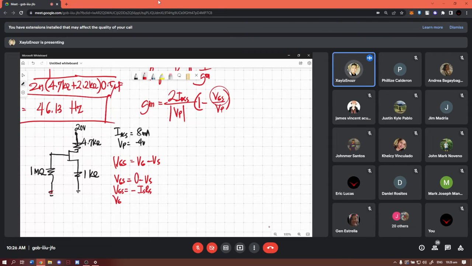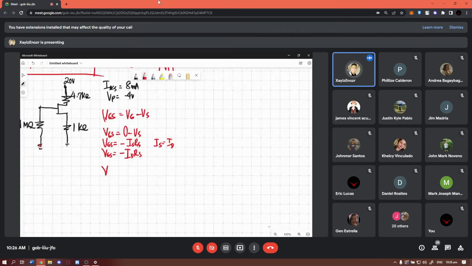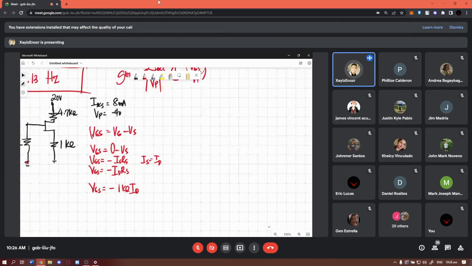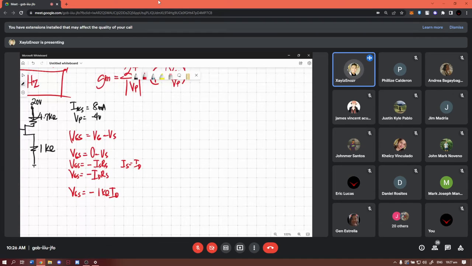And since yung IS natin is equal with ID, so we have negative ID RS. So, therefore, our VGS is negative 1 kilo ohm multiplied by ID. So, substitute natin yan sa Shockley's equation.